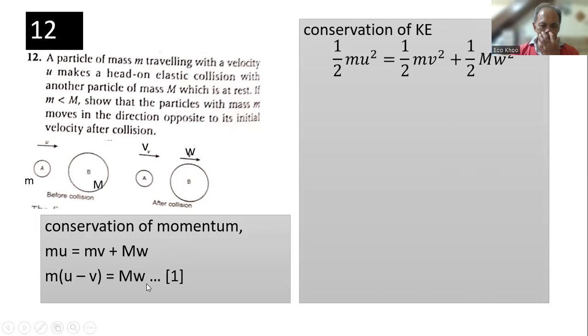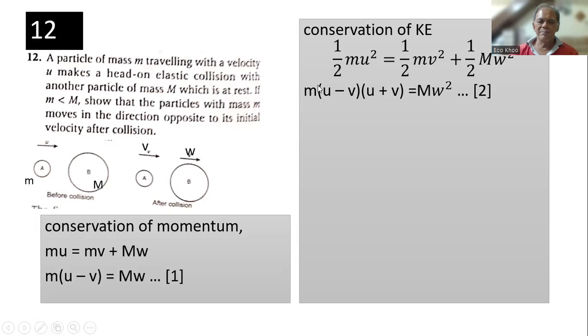Conservation of kinetic energy. I told you, elastic collision. So initial kinetic energy is half m u squared. Final one is half m v squared plus half M w squared. Take the half and half cancel off. Take this one across there.